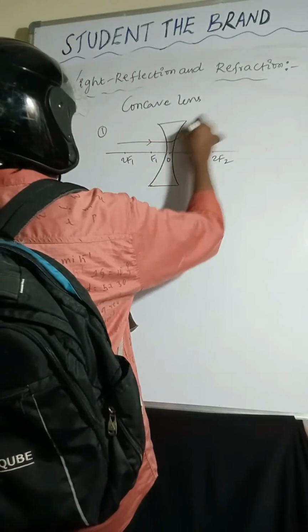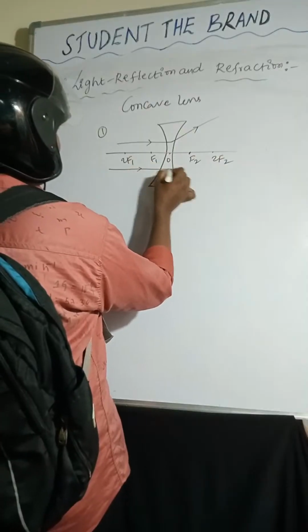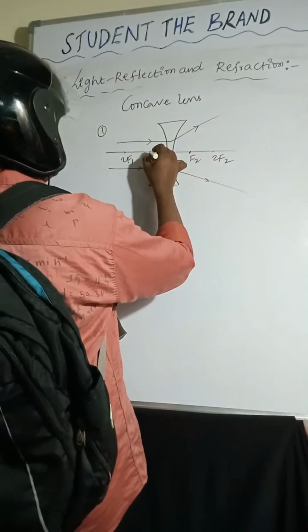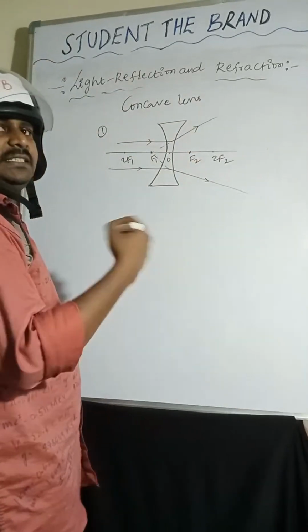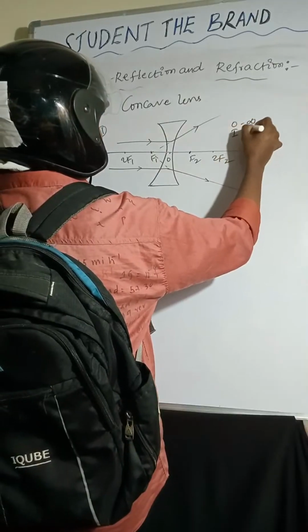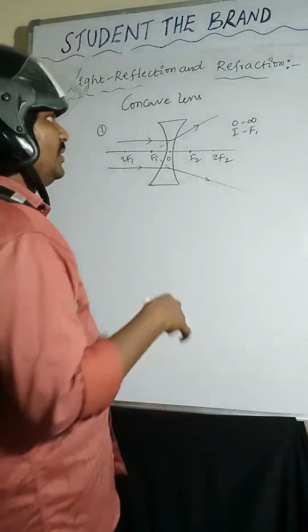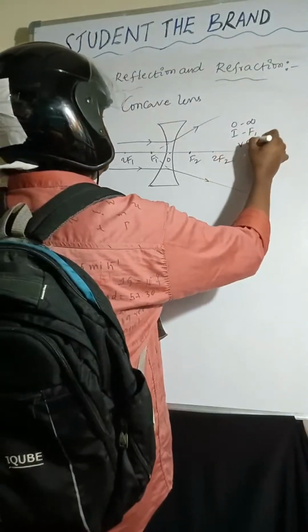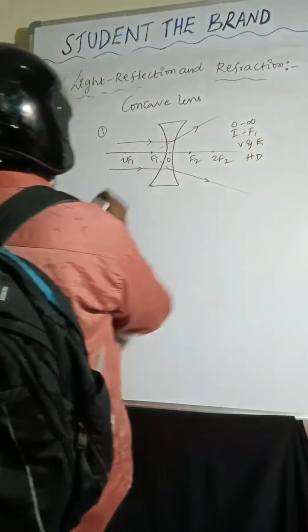So those are refracting like this, and here also. Okay, so if you extend these light rays, they will meet at focus. Object is at infinity, image will form at F1. Nature of the image is virtual, erect and highly diminished because a point size image is forming.